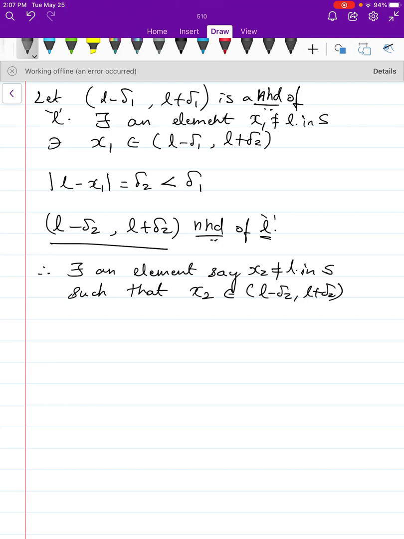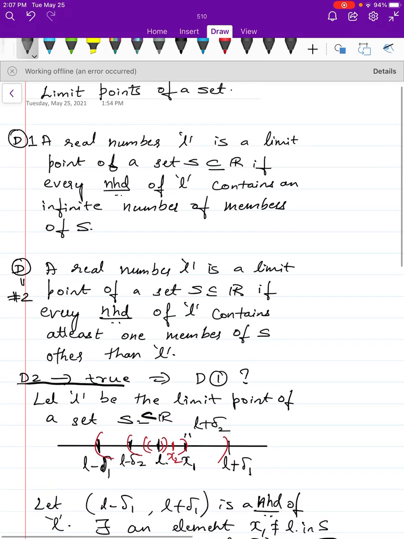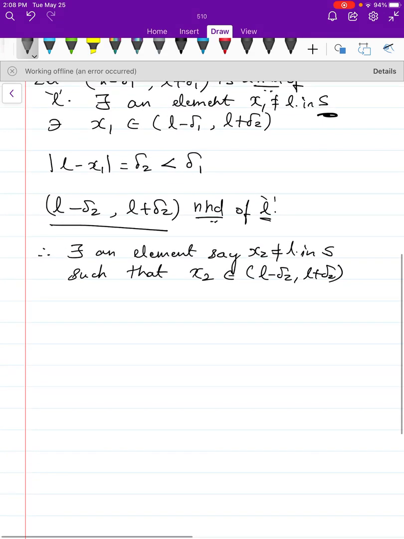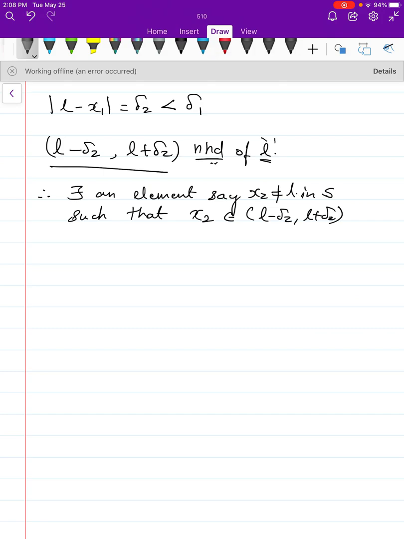You get all these x1s, x2s, x3s, different from the limit point, that are in S. So you're getting back your definition 1, which says that if L has to be a limit point in R, every neighborhood of L contains an infinite number of members of S. So definition 2 definitely implies definition 1, and it is very obvious for definition 1 to imply definition 2 if you just read the statements. That is one and the same.